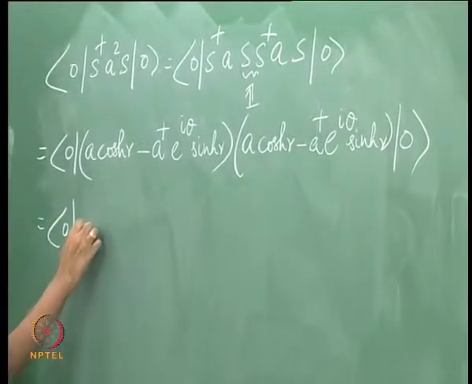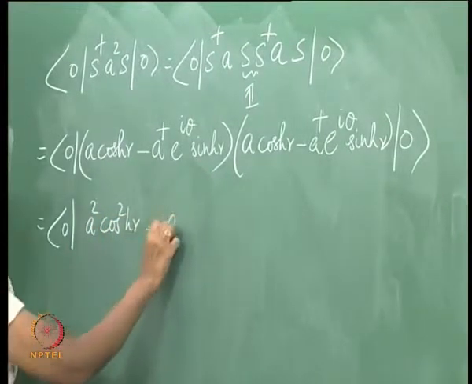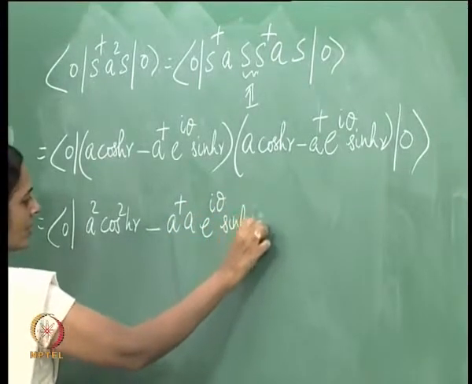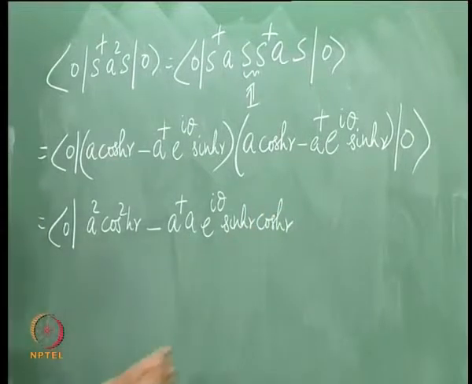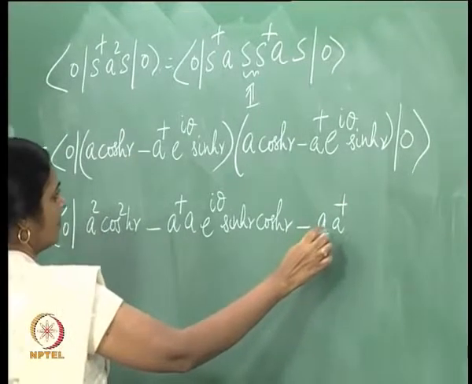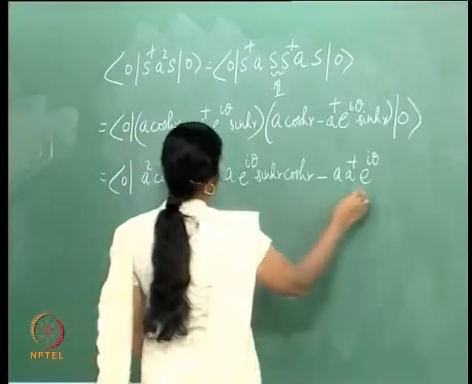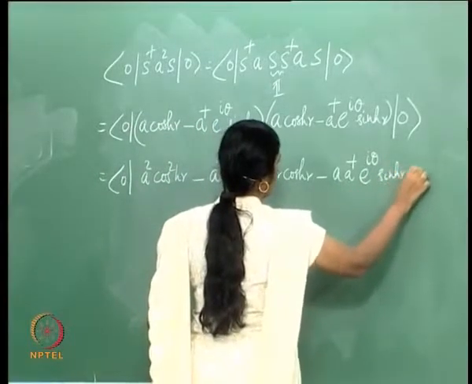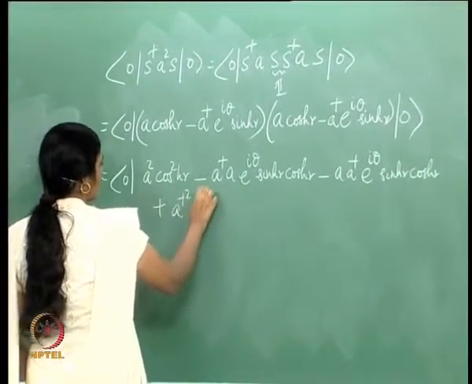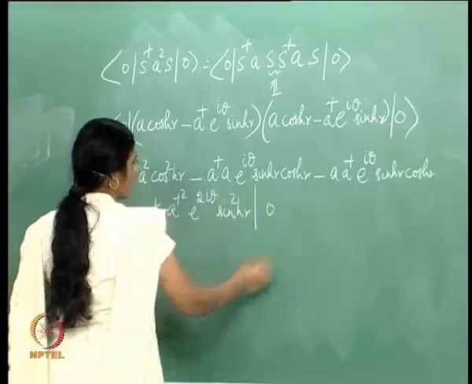So, I multiply this term by term. The first term is A squared cos squared hr, minus A dagger A e to the i theta sin hr cos hr, minus A A dagger e to the i theta sin hr cos hr, and then the last term is plus A dagger squared e to the 2 i theta sin squared hr.